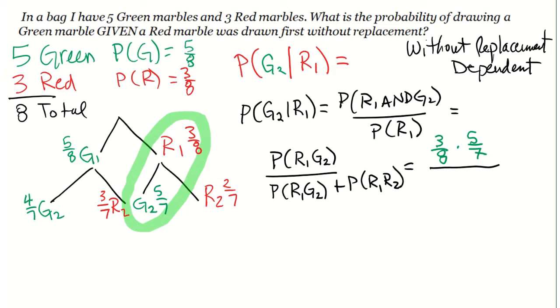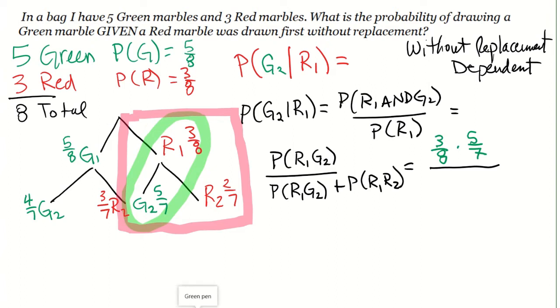And then this bottom number, the denominator, is the sample space for drawing a red, and that includes everything in here. So we're first going to write down the probability of drawing a red and then a green, and then the probability of drawing 2 reds.